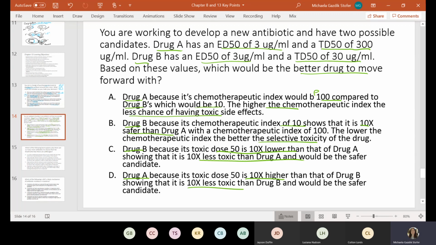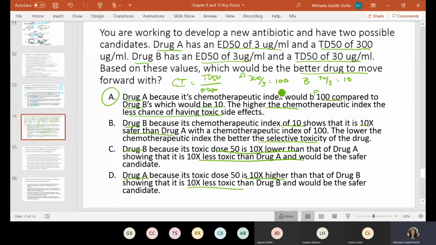Good. So I'm seeing some A's show up. A is the answer. Remember your chemotherapeutic index, the way you calculate that is it's the TD50 divided by the ED50. Okay, and so for drug A, that would be 300 divided by 3, which is 100. Drug B was 30 divided by 3, which was 10.